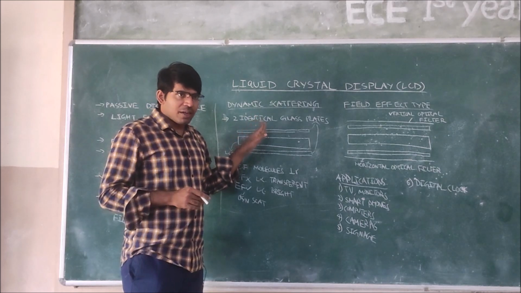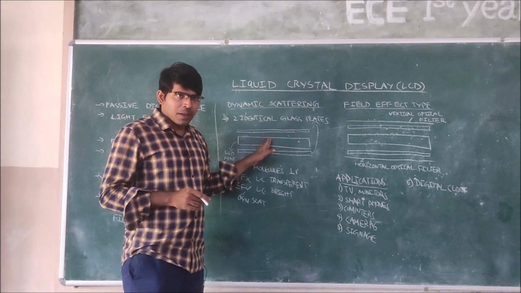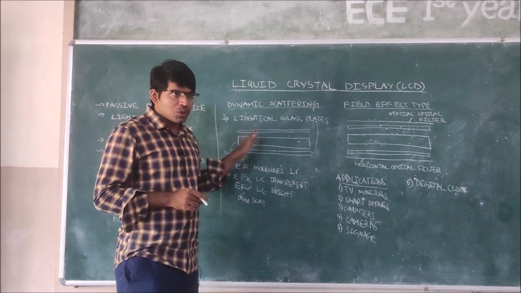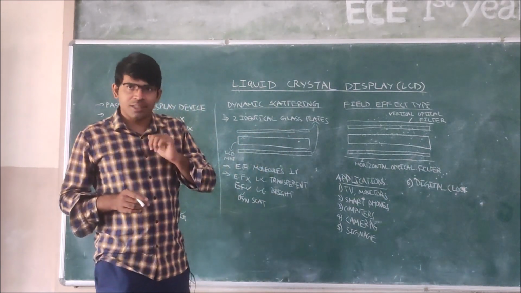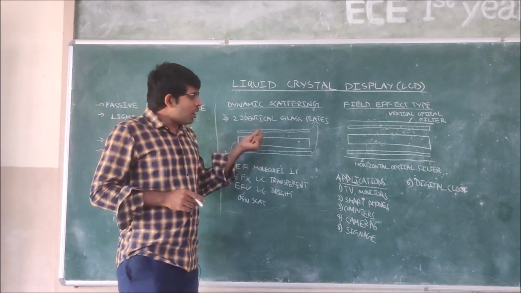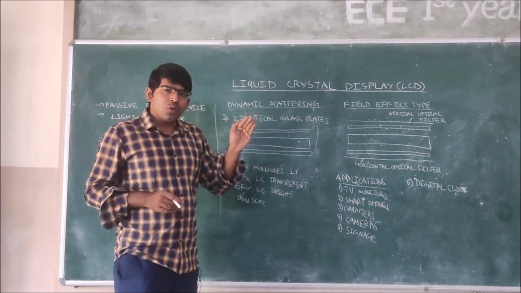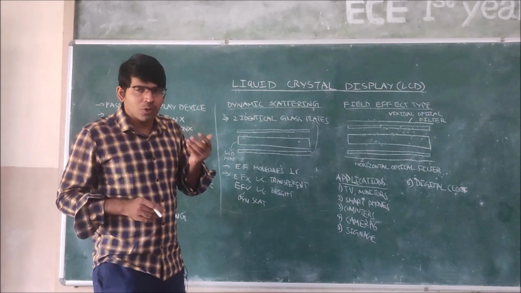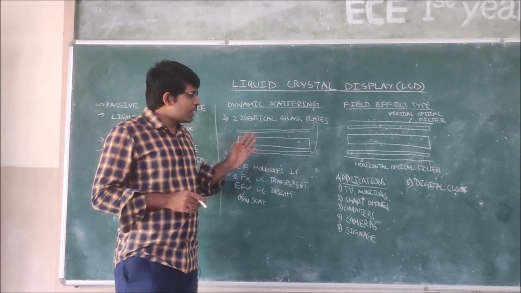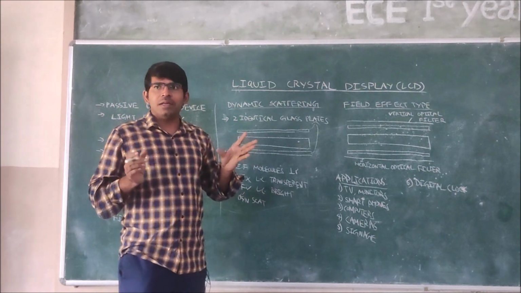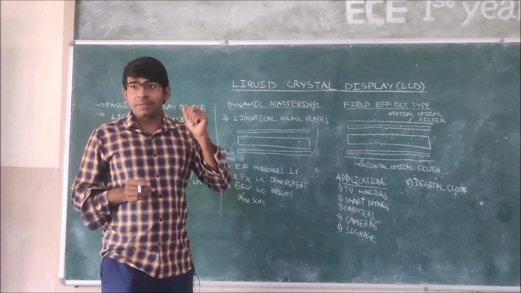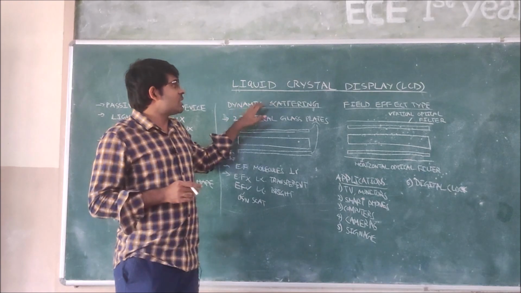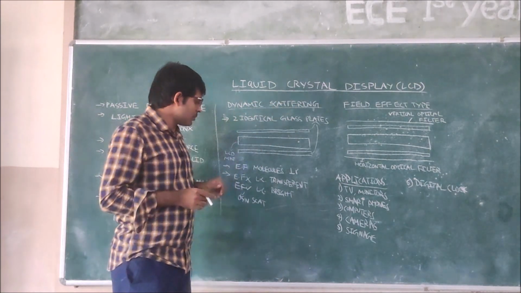If the electric field is applied to this material, then all molecules will be oriented perpendicular to that electric field direction. When all molecules are oriented to a particular direction perpendicular to the applied electric field, the light will be scattered, and the screen appears brighter. That's why we are calling this the dynamic scattering type.